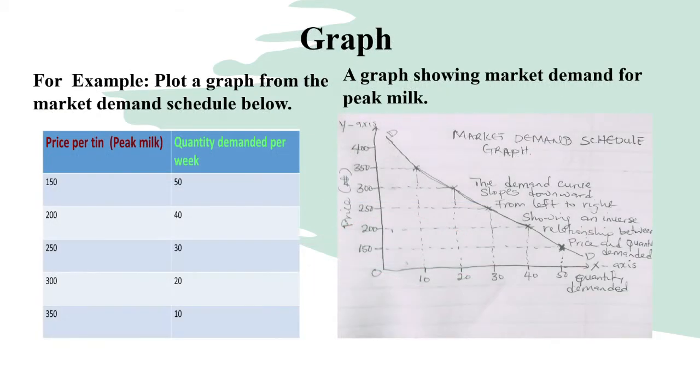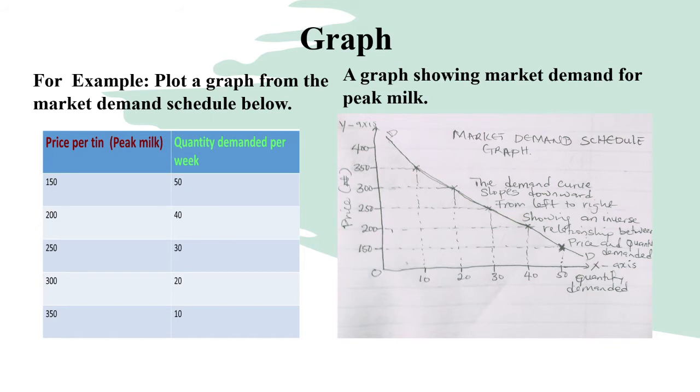The y-axis is the price of pig milk, while that of the x-axis is the quantity demanded. The y-axis is always the vertical line, while the x-axis is always the horizontal line.